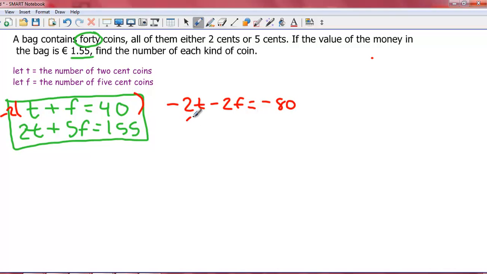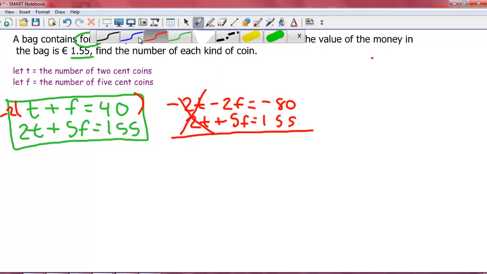Alright, the bottom equation we're just going to rewrite, leave that exactly as it is. 2t plus 5f equals 155. Okay, so we're trying to eliminate the t's, and we have a -2t and a positive 2t, so if we add those together, that'll equal 0, so those are eliminated.